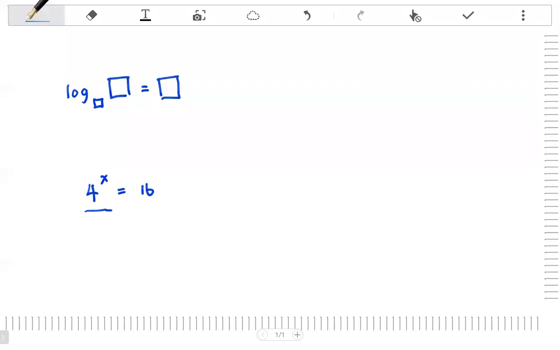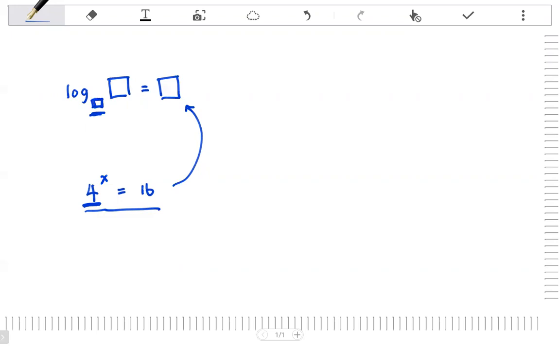This is an exponent form problem, but how can we change that to logarithm? So in exponent form, this is called our base, the biggest number, or the number that the exponent multiplies itself to, right? But in logarithm form, this is called our base, this tiny little number.